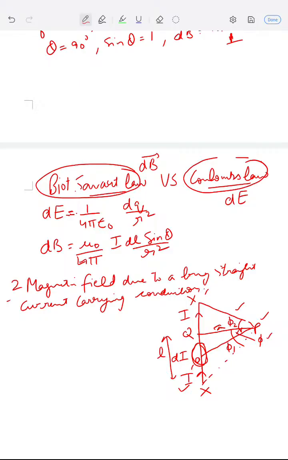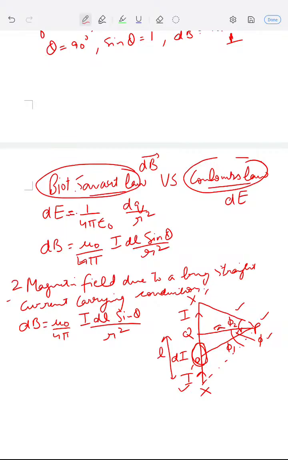Now we are applying the Biot law. So what is Biot law? The formula is dB equals mu 0 upon 4 pi, IDL sine theta upon r square.